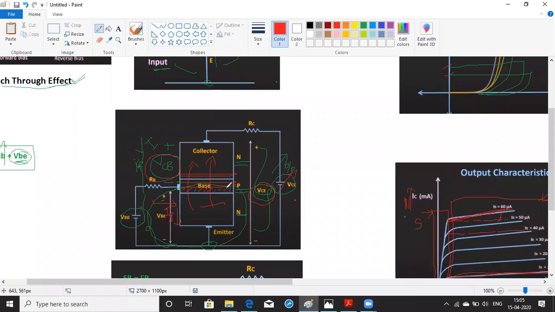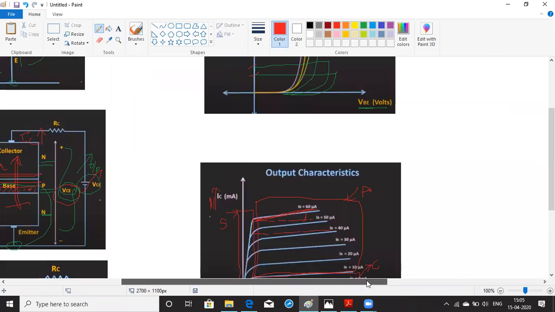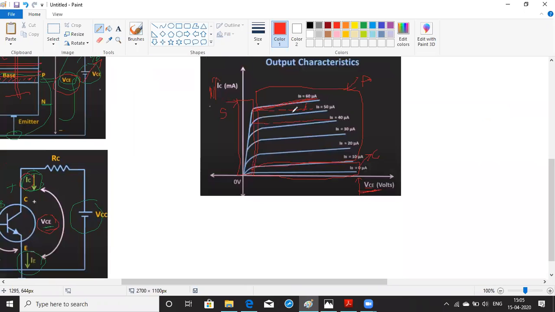Therefore, most of the electrons go to the collector region through the base, and the collector current increases. This time the IC increases because of the increase in the reverse bias voltage. Clear? That is the thing you see here, where the collector current is increasing in the active region.